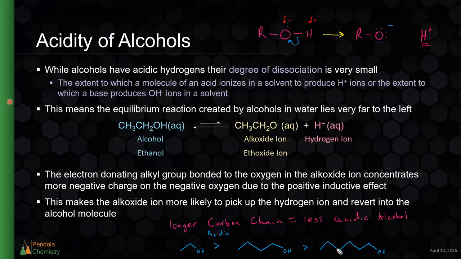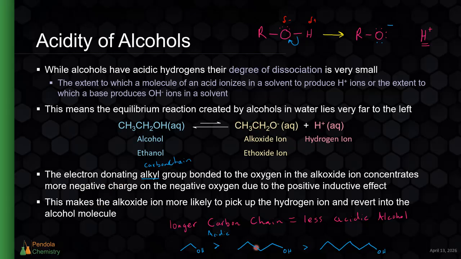The electron donating carbon chain, the alkyl groups is what we call them. Remember, alkyl means carbon chain. So the electron-donating carbon chains bonded to that oxygen in the alkoxide ion are going to concentrate the negative charge on the alkoxide ion.